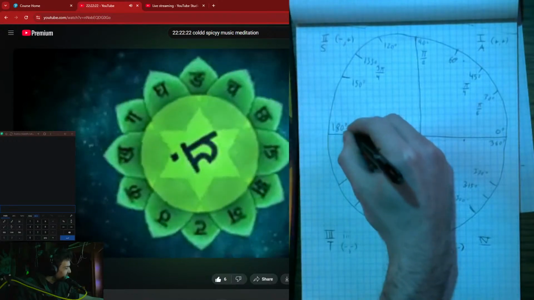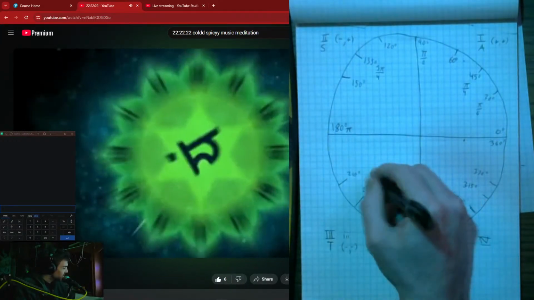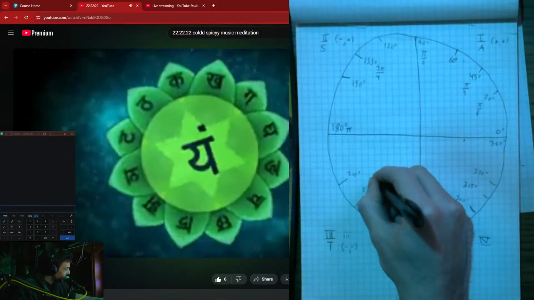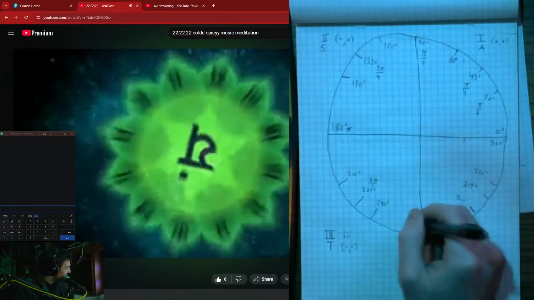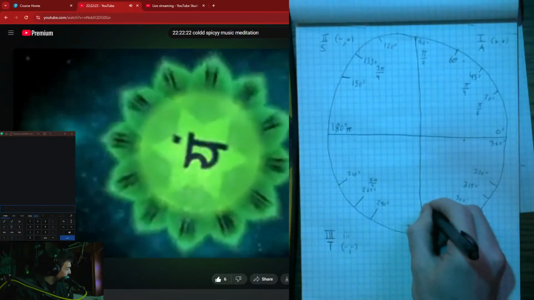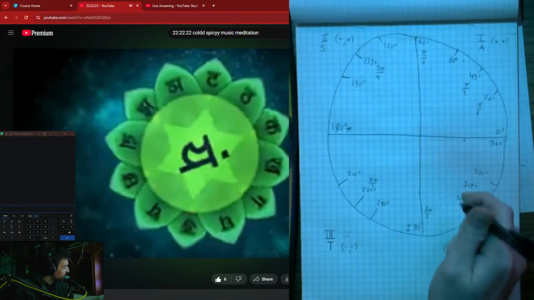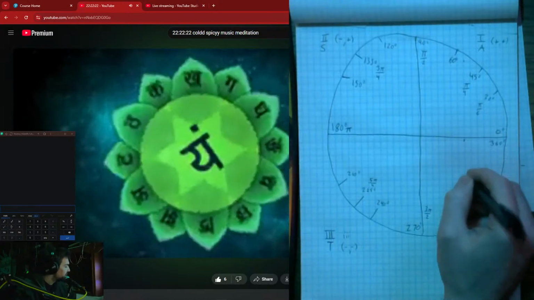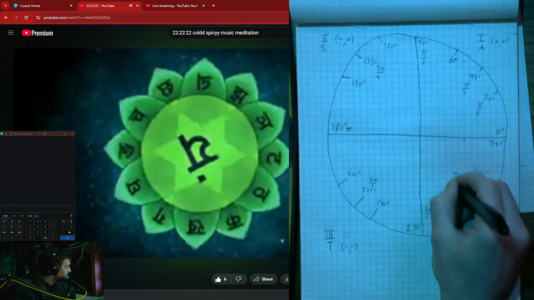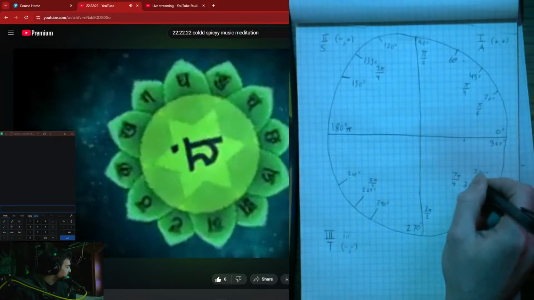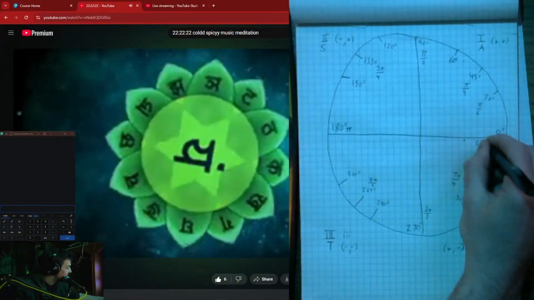That's 180 degrees. 5 pi over 4 is 225 degrees. 6 pi over 4 is the same as 3 pi over 2, and that's 270 degrees. 7 pi over 4 is 315 degrees. And 8 pi over 4 is 2 pi.